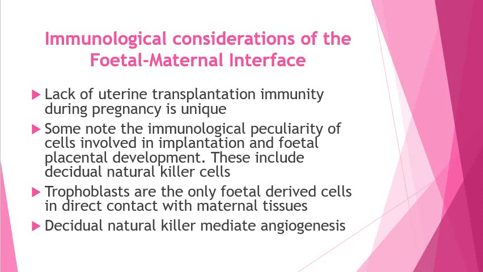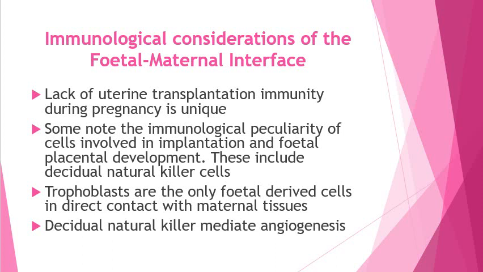During pregnancy, trophoblasts are the only fetal-derived cells in direct contact with the maternal tissue. So that is a very important barrier between the mother and the fetus, determining whether it can remain an ongoing normal pregnancy or have an adverse effect on the fetus.